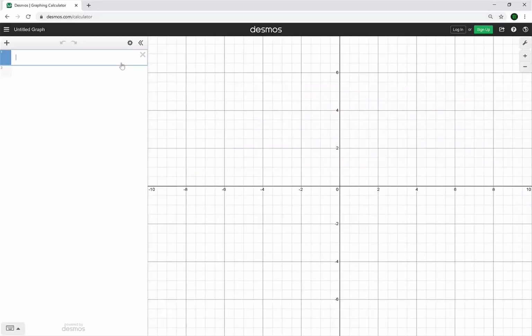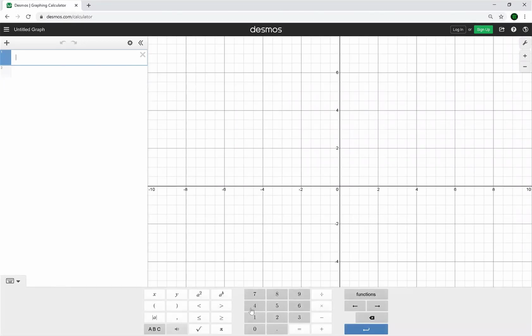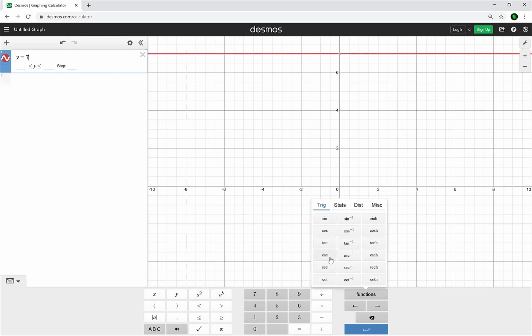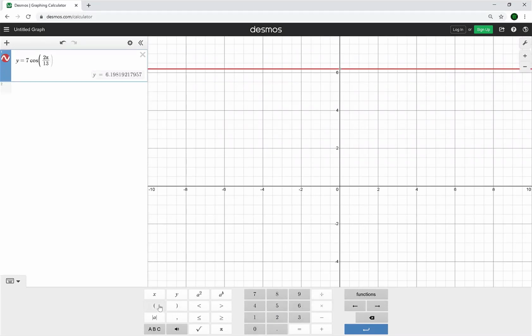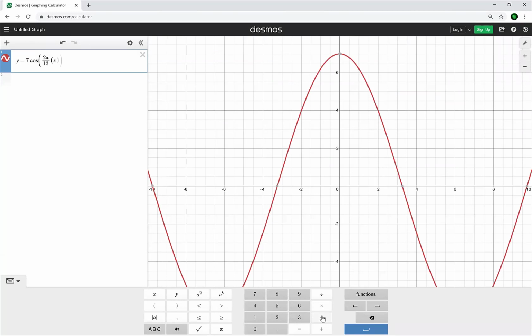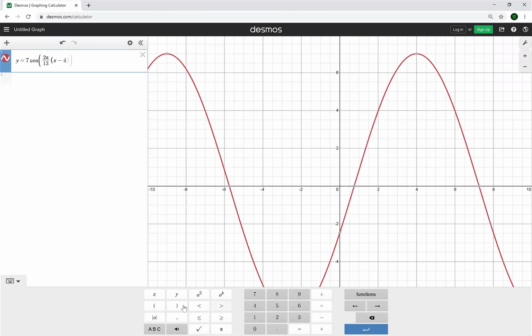So here's the graphing calculator, and just like I told you, I forgot the equation. All I remember is y equals something. I want to say the number was 7, but I'm not sure. All right, and then a cosine, parenthesis, 2 pi over 13, and then another parenthesis, x minus 4, close, close, plus 9.